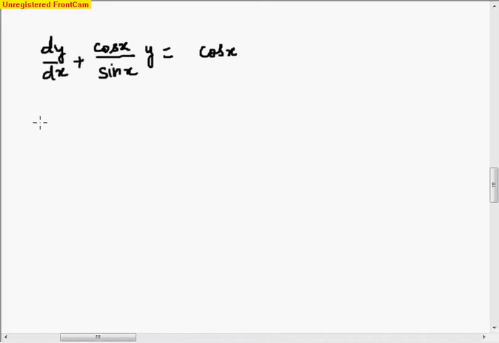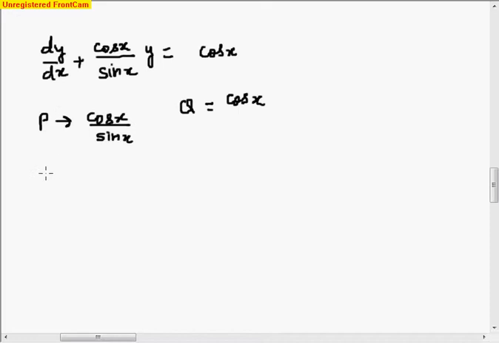I'll solve this by calculating the integrating factor. So what is my p here? P is cos x upon sin x. You have to make sure that your coefficient of dy by dx is 1. Only after that you will write your p and q. Here it is already 1, so I don't need to worry.